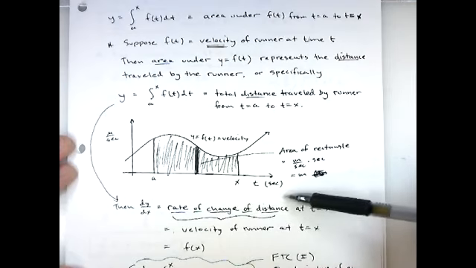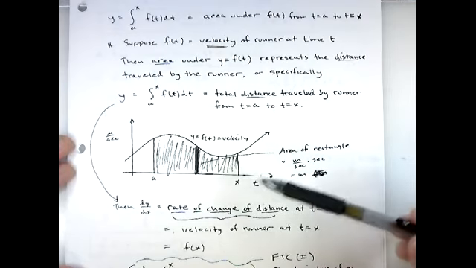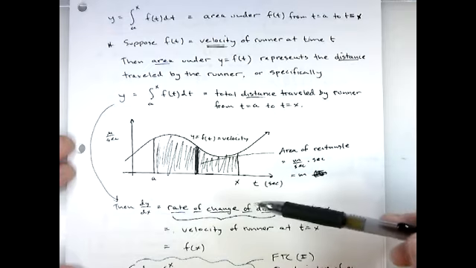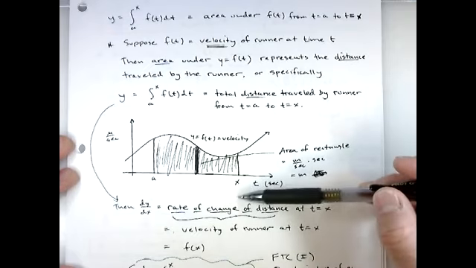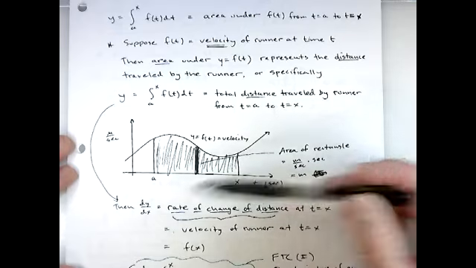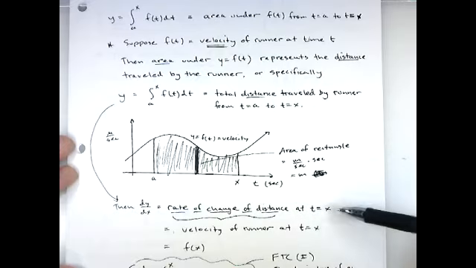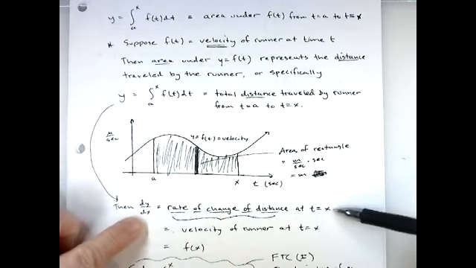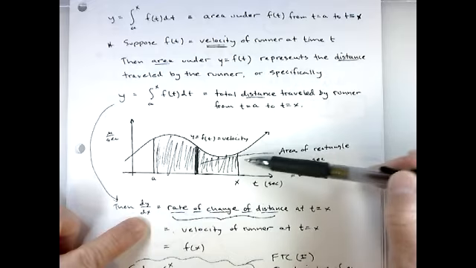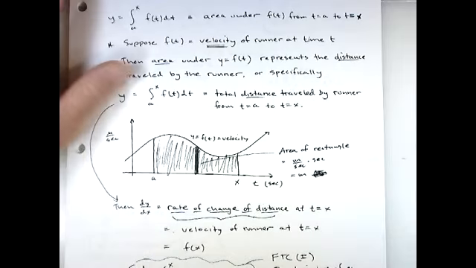Well, we know from 21a, what is a synonymous phrase for derivative? The rate of change of something, right? So the derivative of y with respect to x would represent the rate of change of distance at t equals x, right? It's with respect to x, so that would be at t equals x.